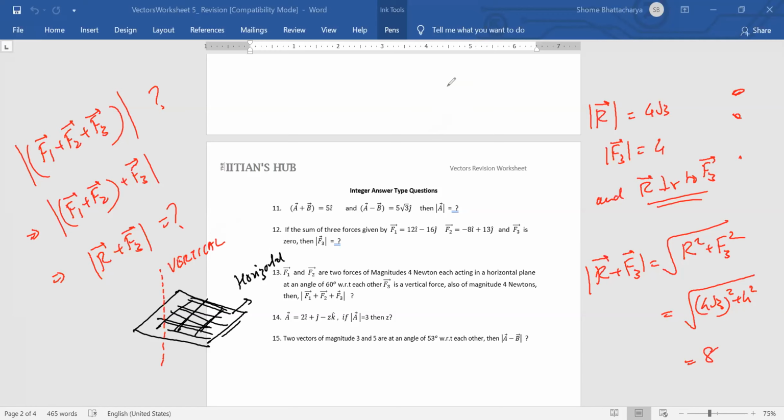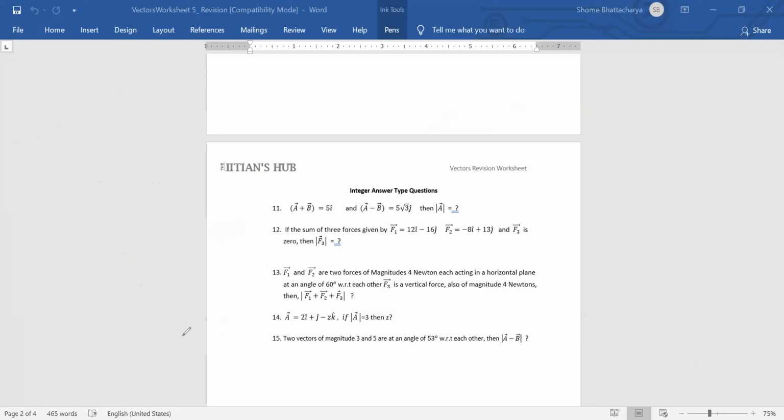So now in this diagram, what is happening? Our vector R, which is the sum of F1 and F2, would be lying somewhere in this plane, and F3 is along the vertical. So they are perpendicular to each other. So that is the explanation of this. Okay.